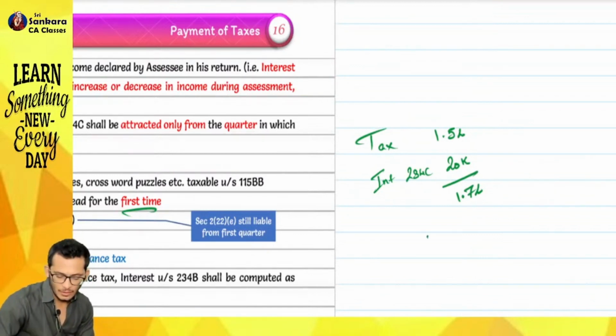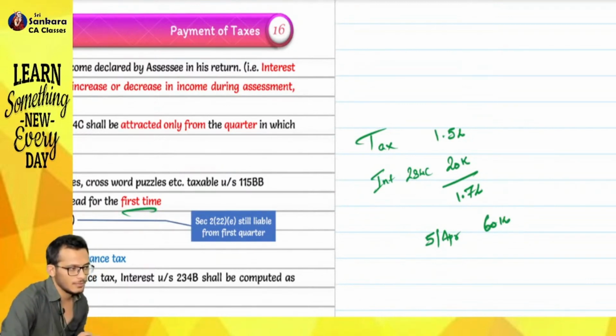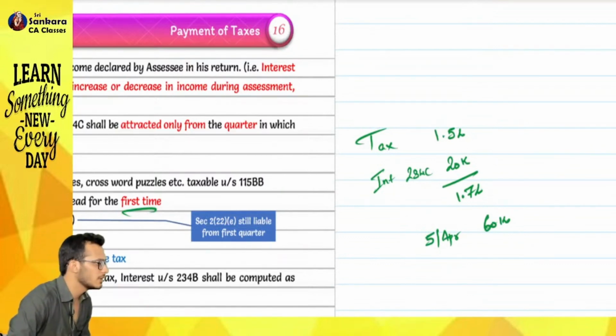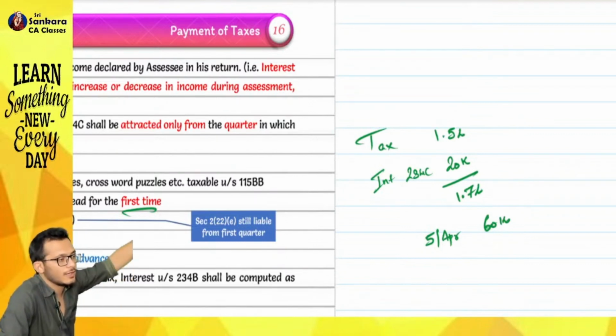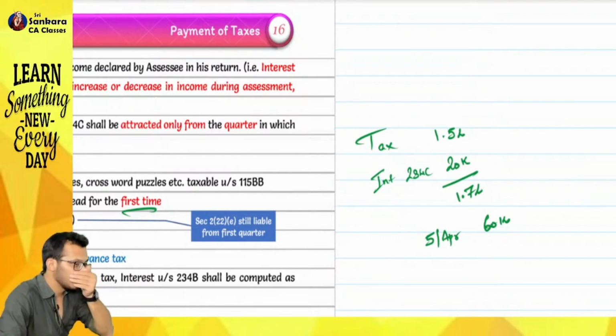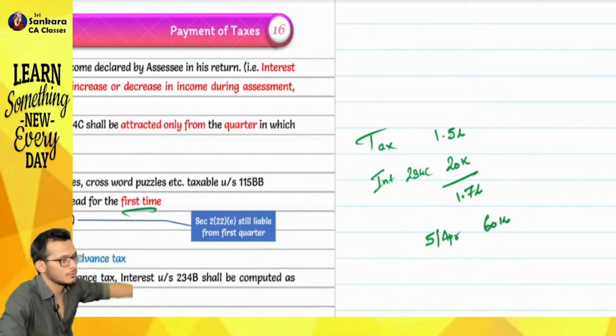So on 5th April, I actually paid 60,000. Now the problem with me is I paid 60,000, that's all, and I need to compute my 234B for the upcoming months. What 234B is, we'll discuss. My question to you: you have paid how much? 60,000. You are required to pay how much? 1.7 lakhs. Now the question is, the 60,000 is pertaining to what of the two?